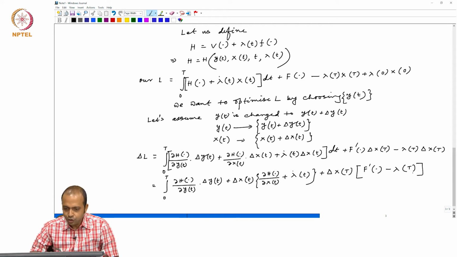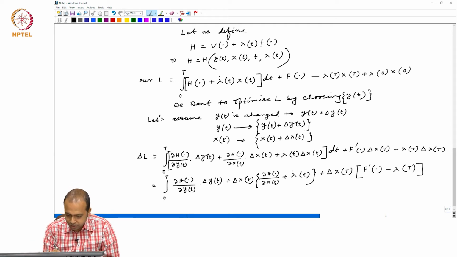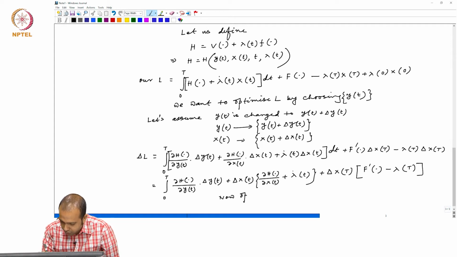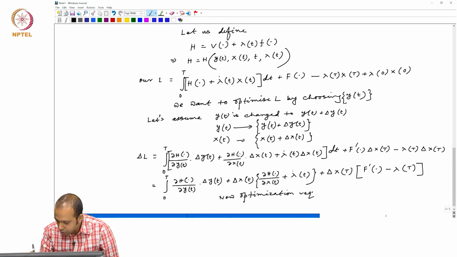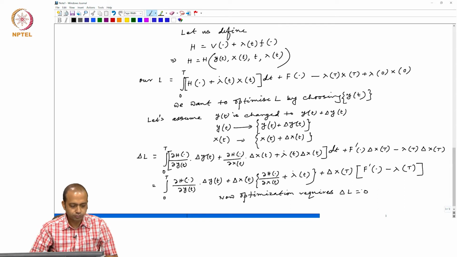Okay. Now, optimization requires, what is the optimizing condition? Optimization requires delta L should be equal to 0.